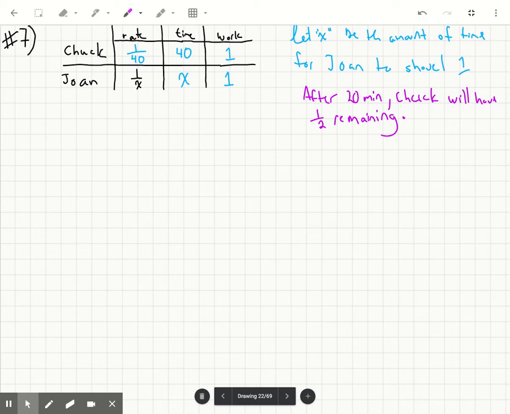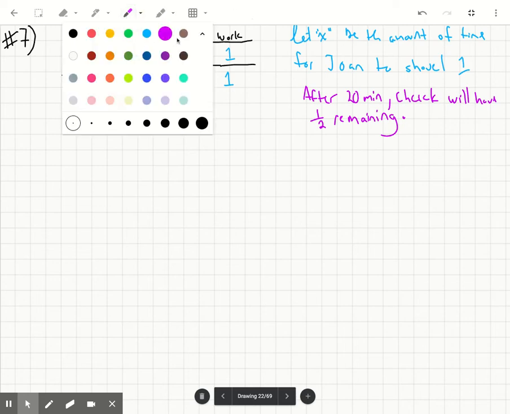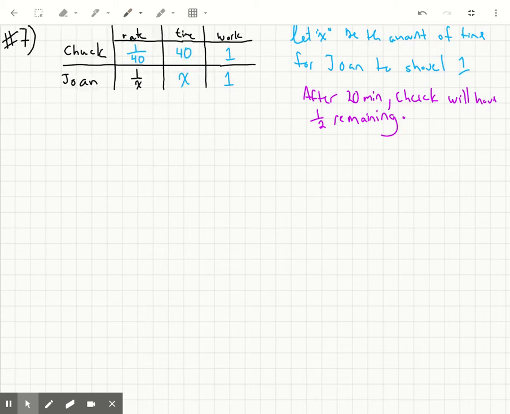Let me change colors here. Let's go to brown. So now we have T equals 10. This is for the remaining. The remaining time they spend is 10 minutes only. Okay, so we know that work done is rate times time.